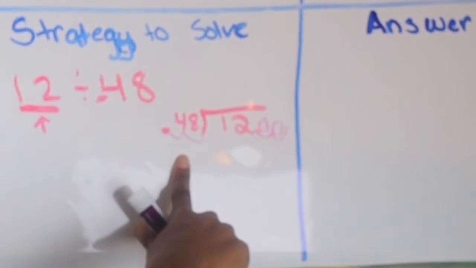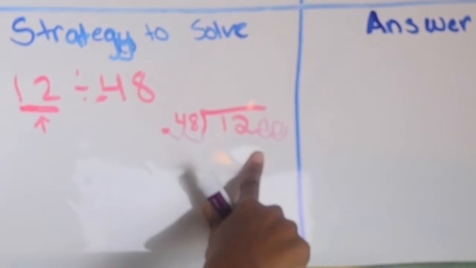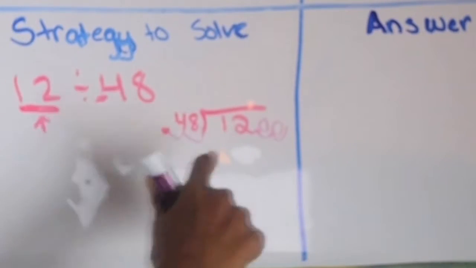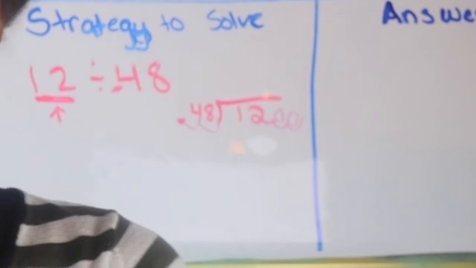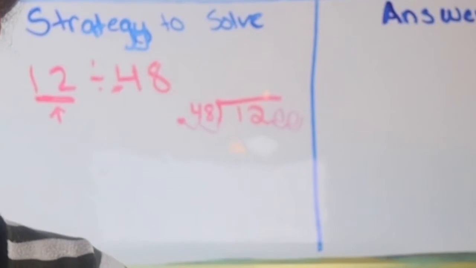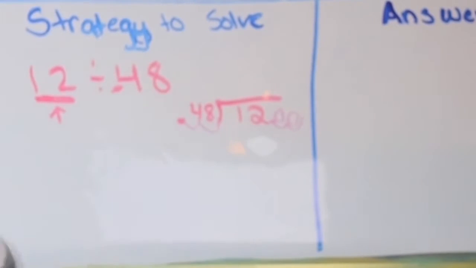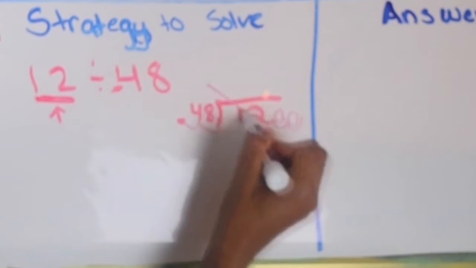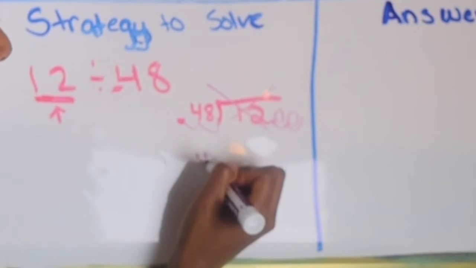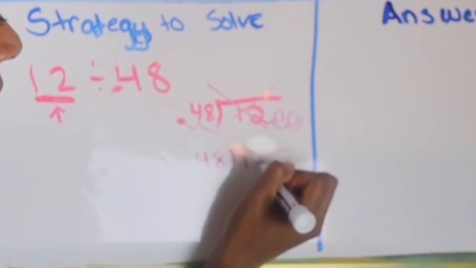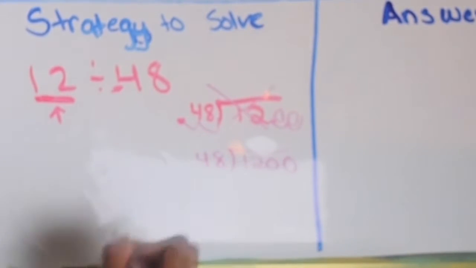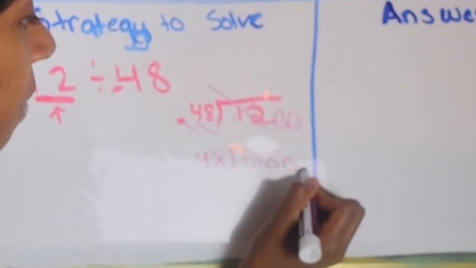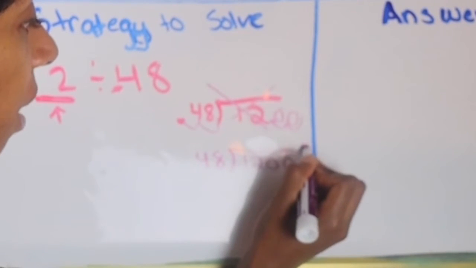Whatever you do on the outside of your box, you must do on the inside of your box. It's just like if you had a fraction, whatever you do to the top, you do to the bottom. Remember, a fraction means division. So now my new problem is 1200 divided by 48. The decimal that we had is going to be brought up.